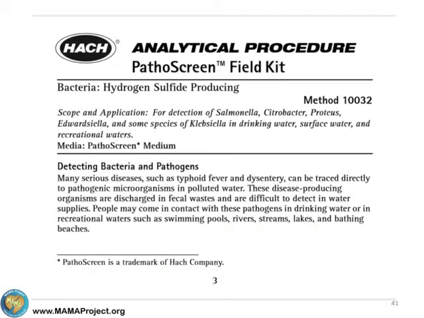Hydrogen sulfide producing bacteria turn an indicator black. The bacteria grow in the test solution, which is like a culture medium that you introduce into the water, and the contaminated water will have a very foul smell in a couple of days, and it will turn black.